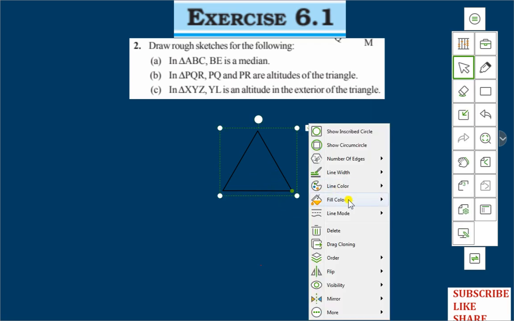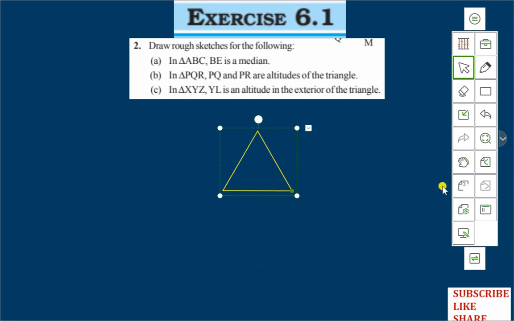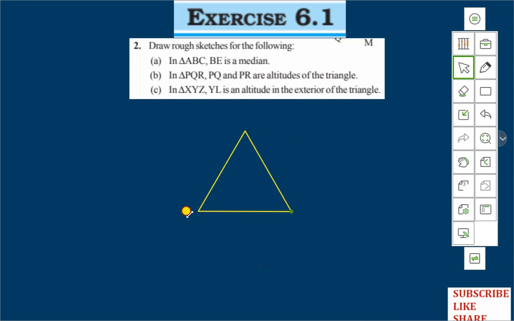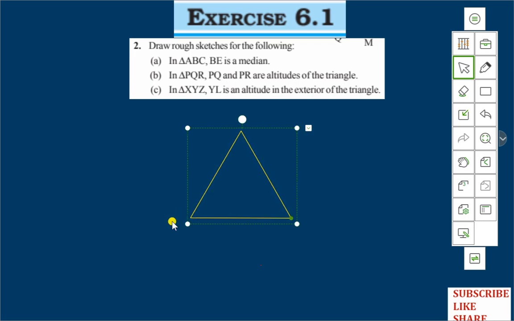Now, if we change the color of the triangle to yellow, right, and increase this triangle, now we'll name this triangle. This is the triangle PQR.